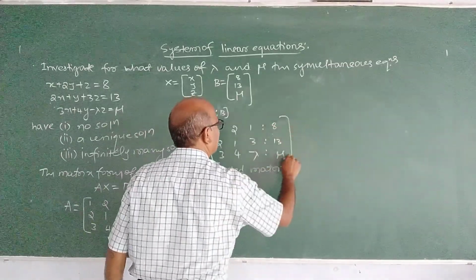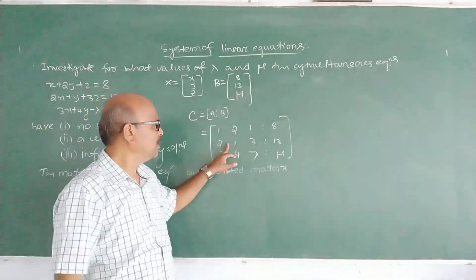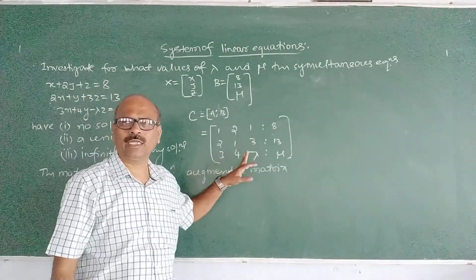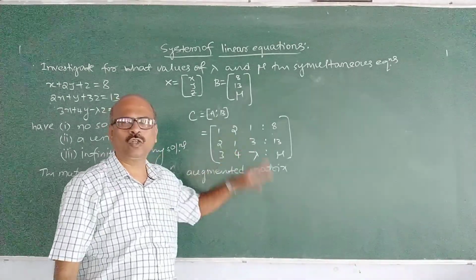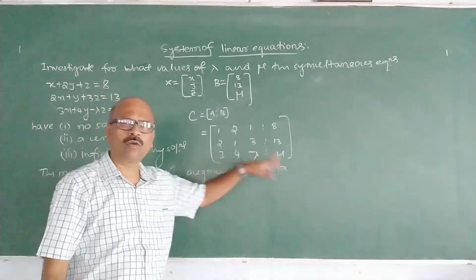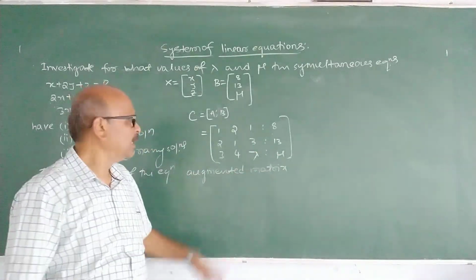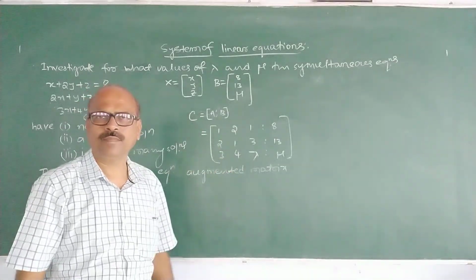And you know that if the rank of the augmented matrix is the same as the rank of the coefficient matrix, then it has a solution. If the rank of the coefficient matrix is not equal to the rank of the augmented matrix, the system has no solution.